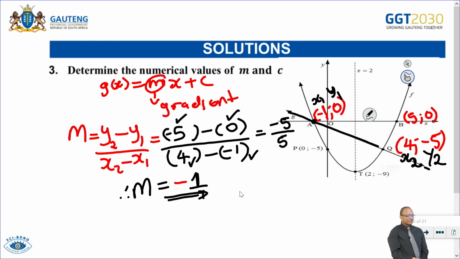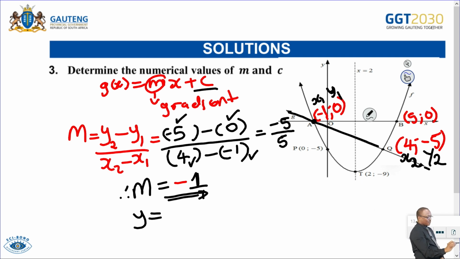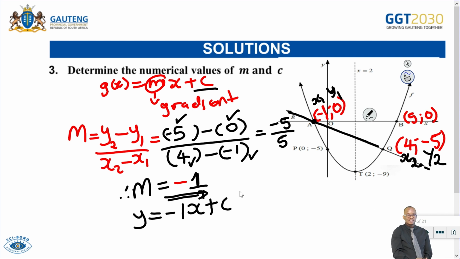100%. So now, for us to get c, because now we have m, we're going to substitute y is equal to minus 1x plus c. So remember, it's like we're determining the equation of a straight line.